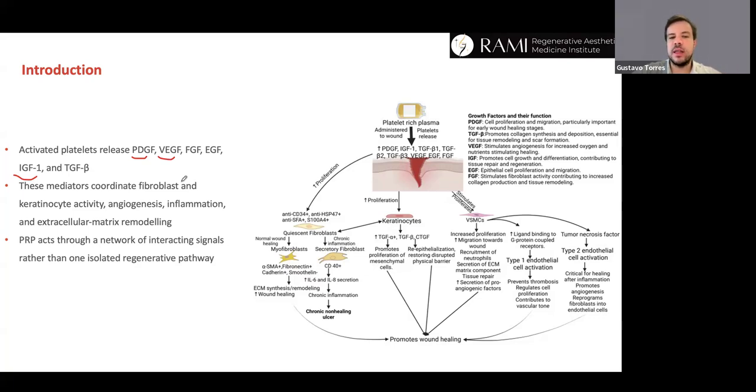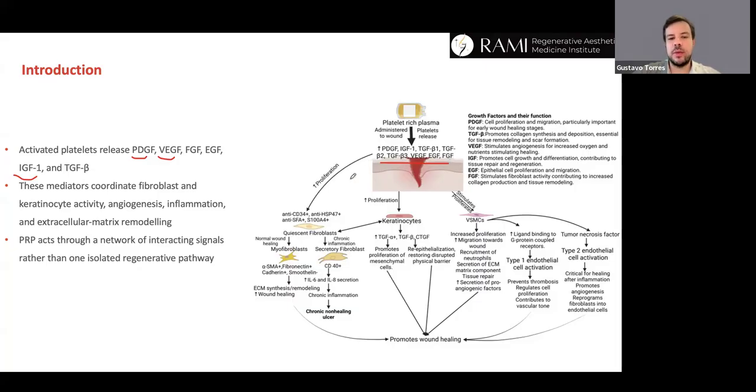So if you look at the scheme below, you will see that the growth factors are present in the PRP and released from the platelets when they are active.